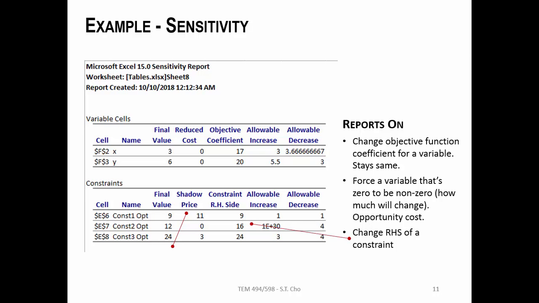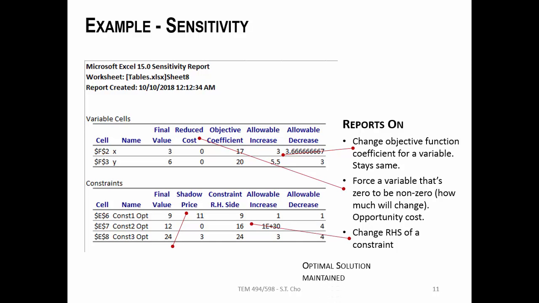So I can increase x by 3 or decrease it by 3.67. So if I change my algebraic equation to 25.5 plus 21 plus 20 x, I come up with exactly the same solution. There's more than one equation that describes a solution. And what shadow price means is that for every 1 that I change, I get 11 in return.